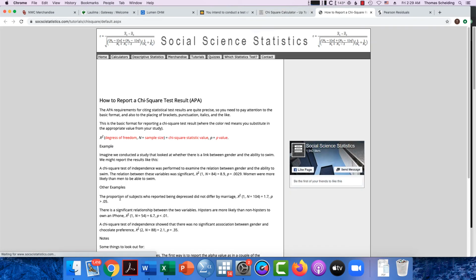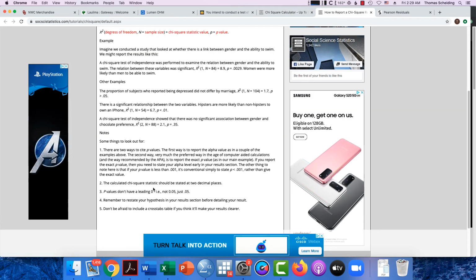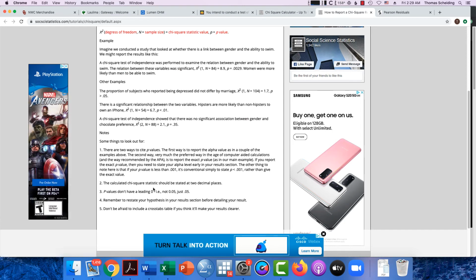Now, what we can see here is that when we report it, we use the chi-squared distribution test statistic to say whether, at a certain significance level, we think the sample data is close to the population.